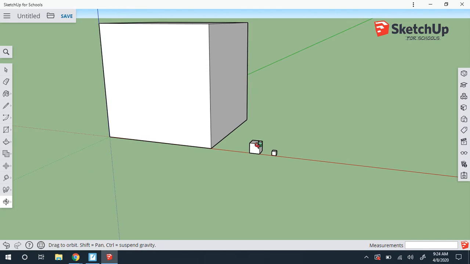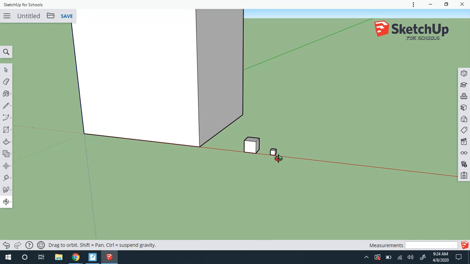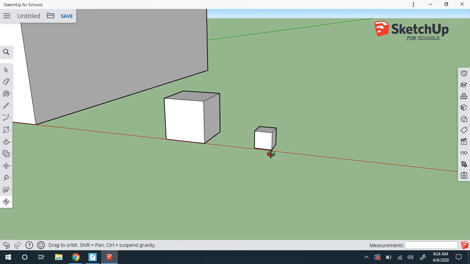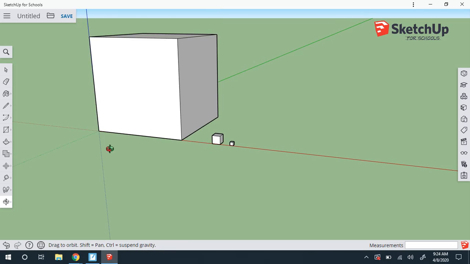This one next to it has a volume of 1 cubic inch, so each edge is 1 inch in length. And then this tiny one down here is 1 cubic centimeter, so 1 centimeter by 1 centimeter by 1 centimeter.